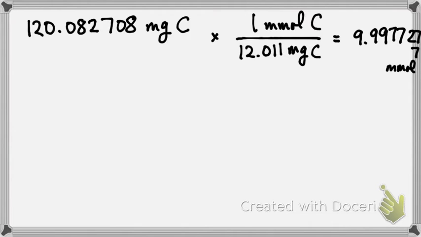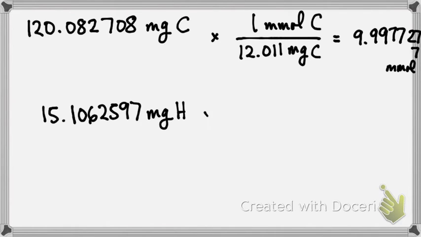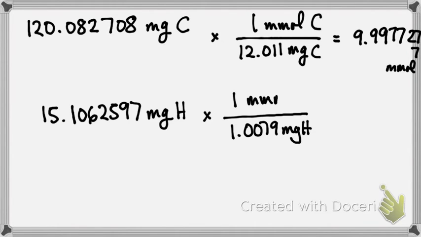Now I went back and recalculated the mass of hydrogen using a more precise molecular weight, and I got 15.1062597 milligrams of hydrogen, and I know 1.0079 milligrams of hydrogen is 1 millimole of hydrogen.